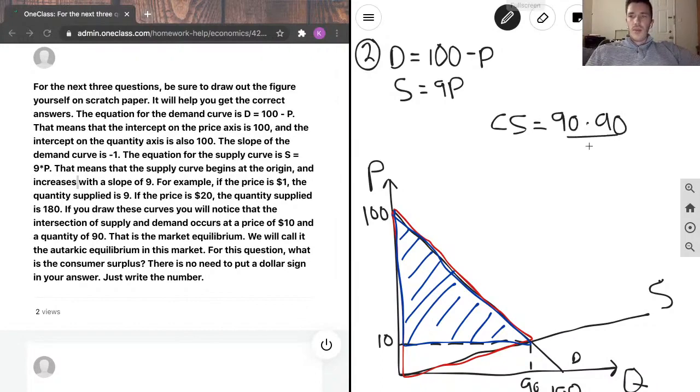Because it's a triangle, we have to divide it by 2. So our consumer surplus is going to be 8,100 over 2, which equals $4,050, assuming my math is correct.